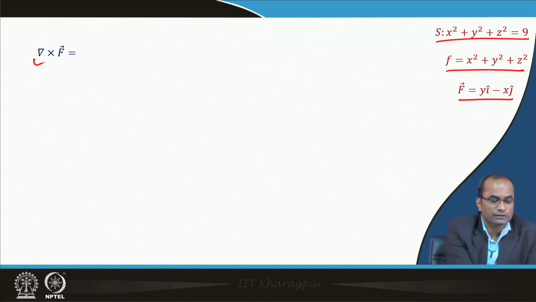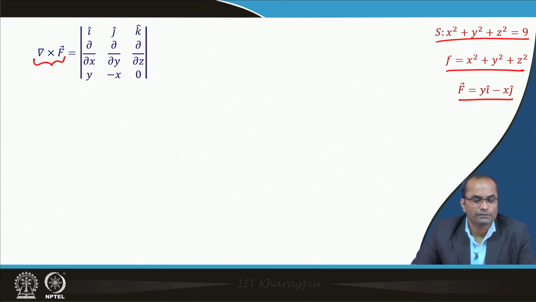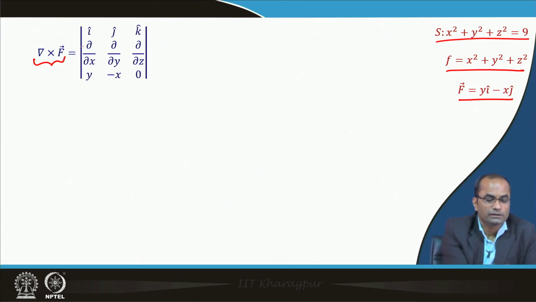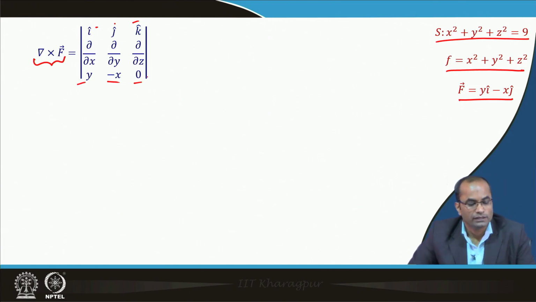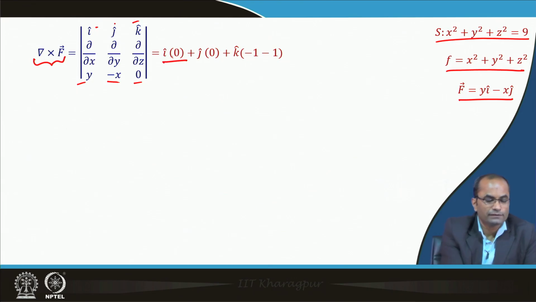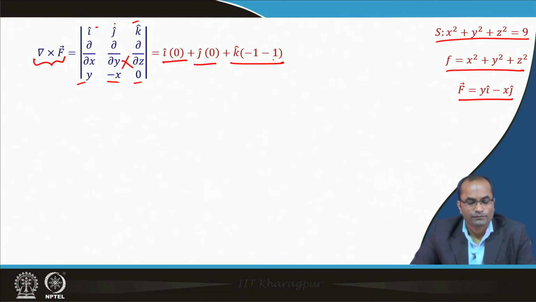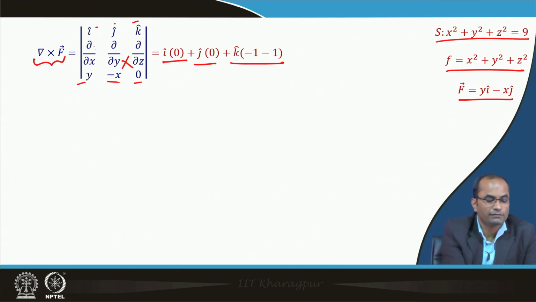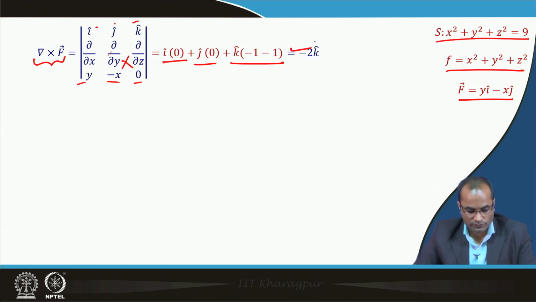So, this curl f we need to compute, that means this determinant i j k, and then we have the partial derivatives, and then we have this first x component, then y component, and then 0. So, in this case for i this will give 0, the product with the j also is going to be 0, and then for k we have minus 1 and then again minus 1. So, minus 2 k is the value there.